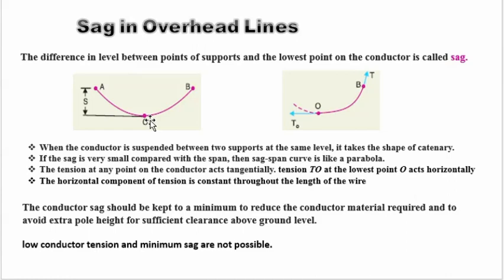The sag is actually the distance from the support to the lowest point on the transmission line. The definition of sag is the difference in level between the point of support and the lowest point on the conductor.